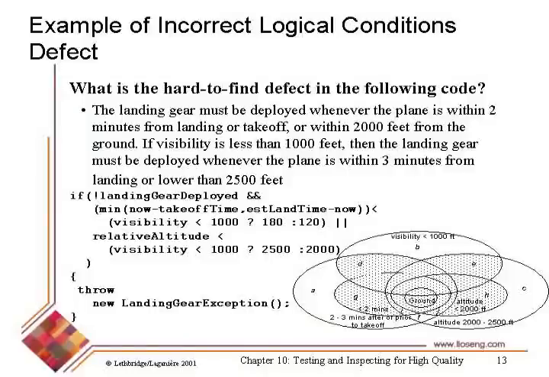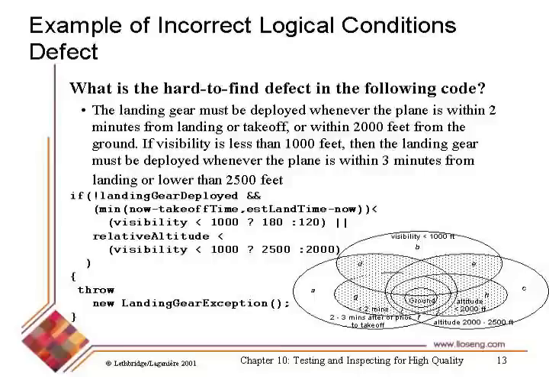So we raise the altitude requirements and increase the time requirements because we're in a more dangerous situation. The pilots might be more easily distracted, more likely to forget to put the landing gear down, or might miscalculate the altitude more easily, things like that. So that gives rise to a very, very complicated condition here.